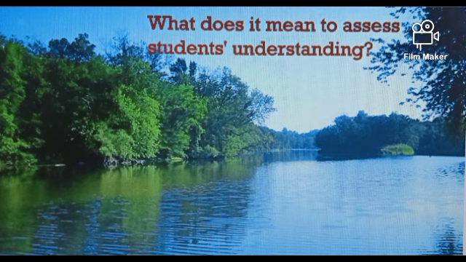Let us answer the first fundamental question about assessing students' understanding. A mathematics teacher should know the answer to this question: what does it mean to assess students' understanding? Now, there are many ways for students to provide evidence of their understanding.